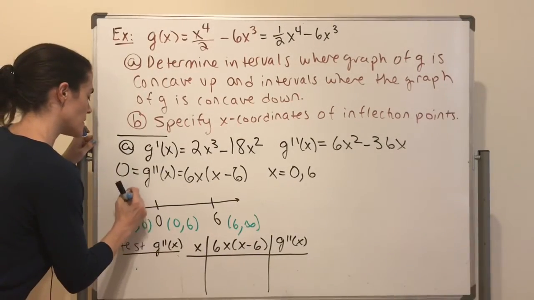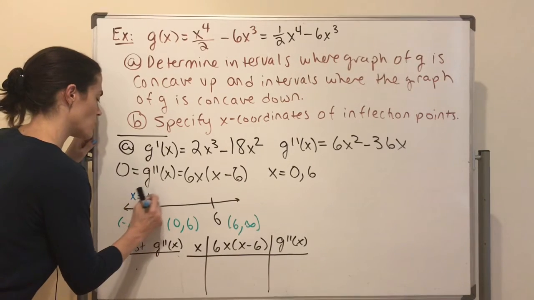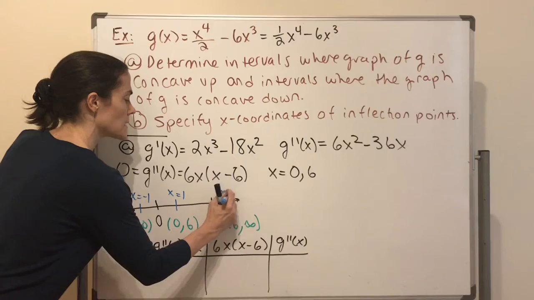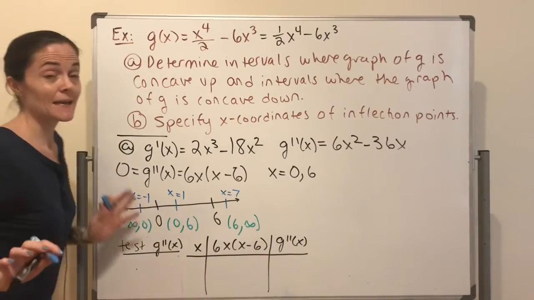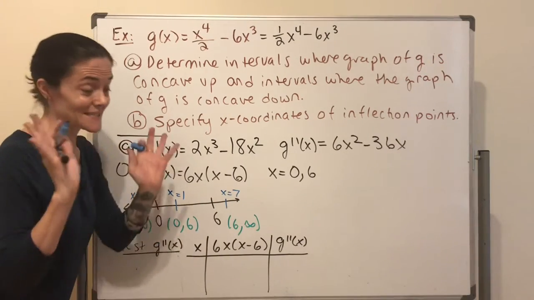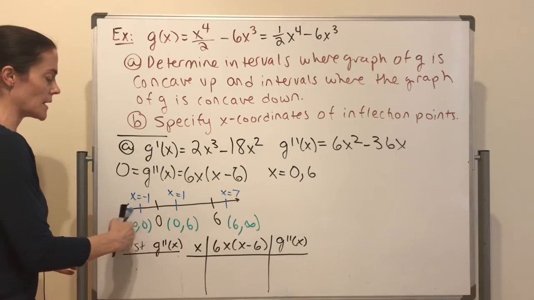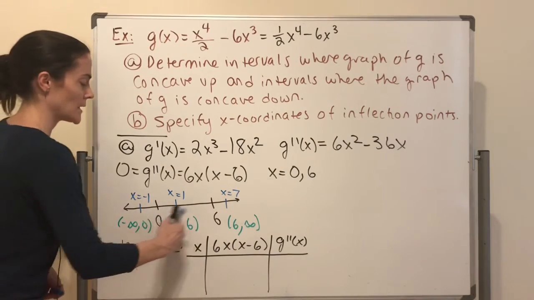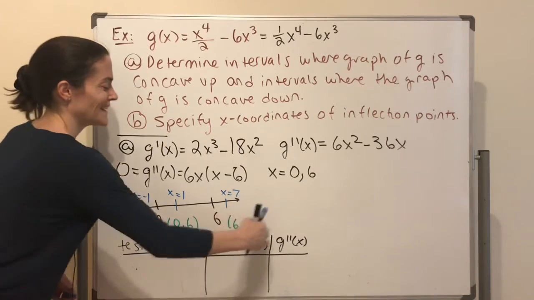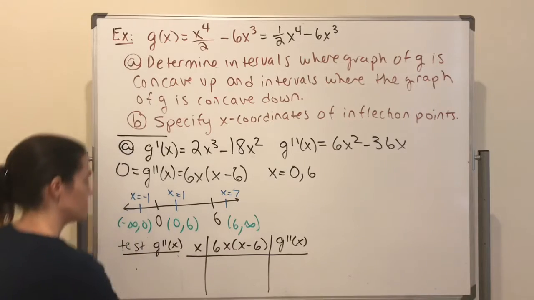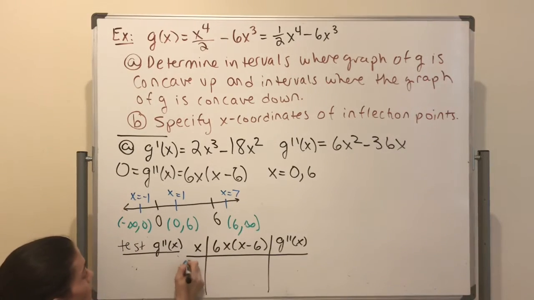Here, for example, I'll use x equals -1. Here, I'll use x equals 1. Here, I'll use x equals 7. But again, what matters to me is the sign of the second derivative. So you can really pick any point in this open interval, any point in this one, and similarly any point in this one. Okay, so we have -1, 1, 7.